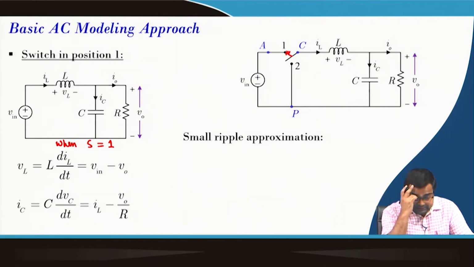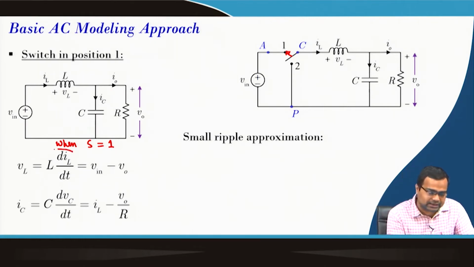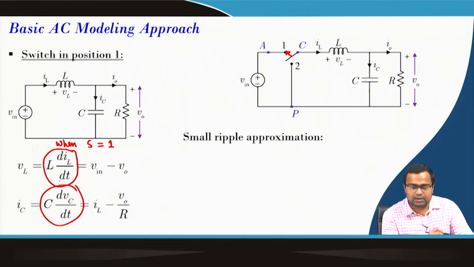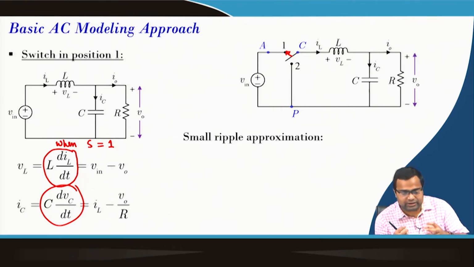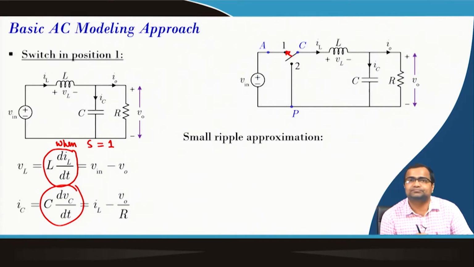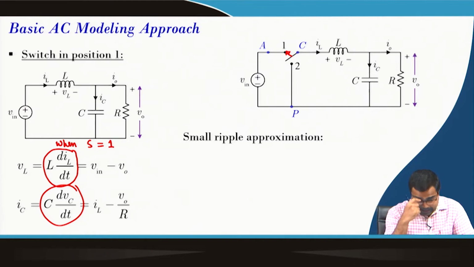Out of these equations, there are two dynamical equations: the derivative of the inductor current and the derivative of the capacitor voltage. In this configuration, if we continue for a longer duration, the current will keep on increasing, and the capacitor voltage depends on the inductor current magnitude.